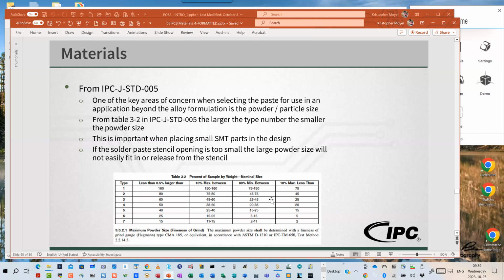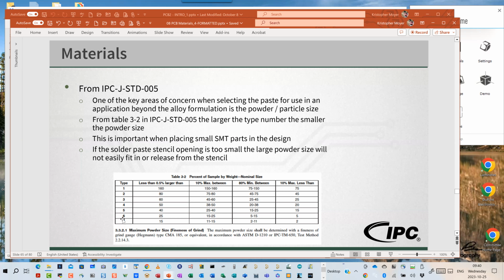a couple of things to note, and I actually just learned this myself recently from one of the equipment vendors last year when I was at the big Apex trade show, which I highly recommend everybody come to. And that is, up through type 5, easy to process. But once you get to type 6 or smaller particles, they often have to process them in an inert environment, nitrogen or other inert gas environment, because the powder becomes so small that the materials can start to oxidize and break down in our atmosphere or run into other problems.